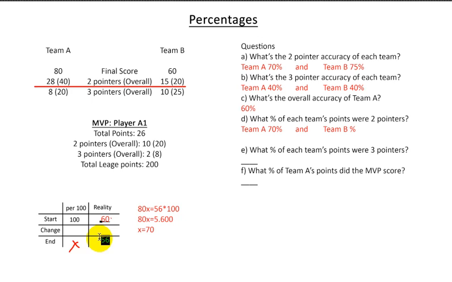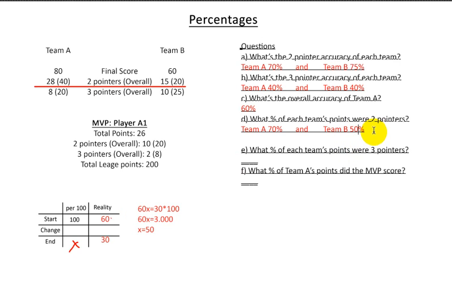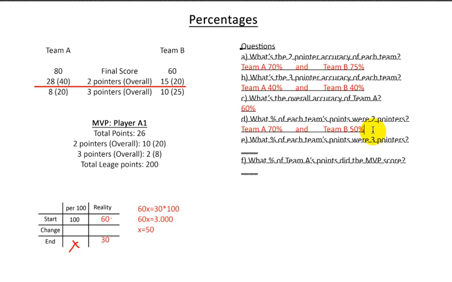So 15 times 2 would give me 30. So I would have to have that 60x needs to be equal to 30 times 100, which means that 60x needs to be equal to 3,000. And if I do this equation, what I get is that x is equal to 50. So for team B, it's 50%. 50% of their points came from 2-pointers.